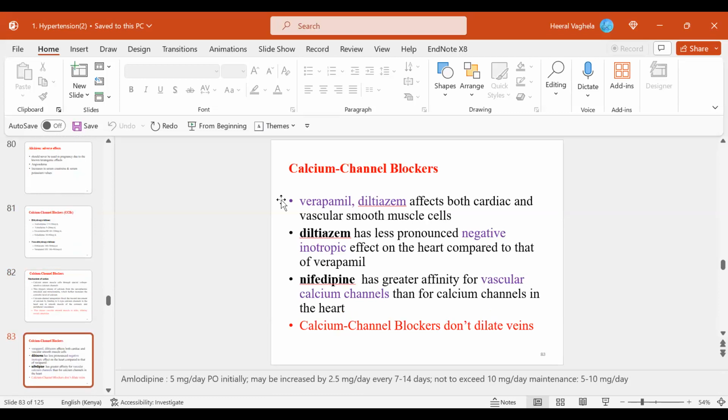The calcium channel blockers don't dilate the veins. They mostly affect your cardiac muscles and your vascular smooth muscle cells.